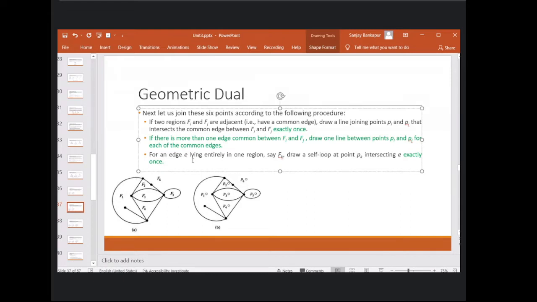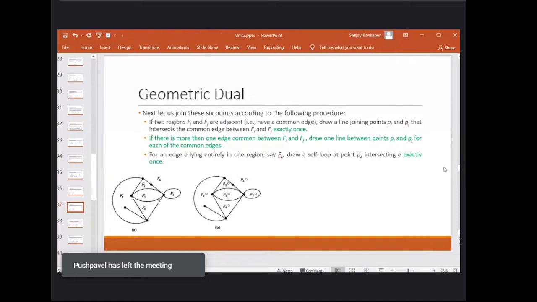What does this indicate? Does this graph have regions Fi and Fj with more than one edge in common? Quick answers. I will give a hint. There is such a scenario, where more than one edge is common between two regions.